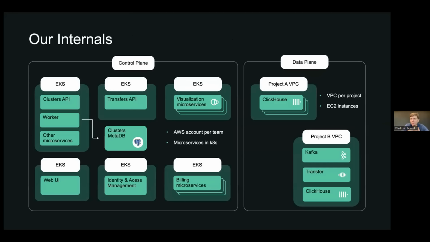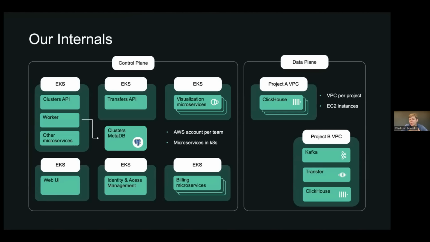A couple of important things about our infrastructure that you should know to understand some of the things I'll talk about. First of all, our service has two main parts, control plane and data plane. A control plane is a bunch of microservices deployed on Kubernetes managed by AWS.